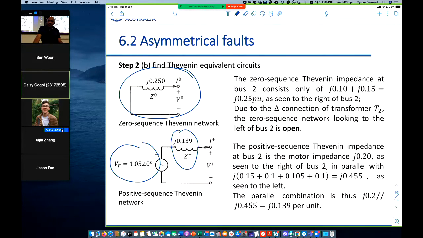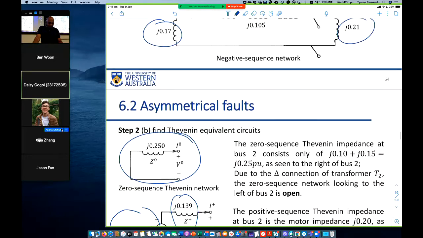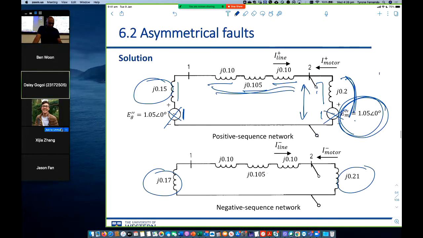That's it. So all we do is find the Thevenin impedance, and we just take the internal voltage of this source, and that is the pre-fault voltage. So it's not hard to do.